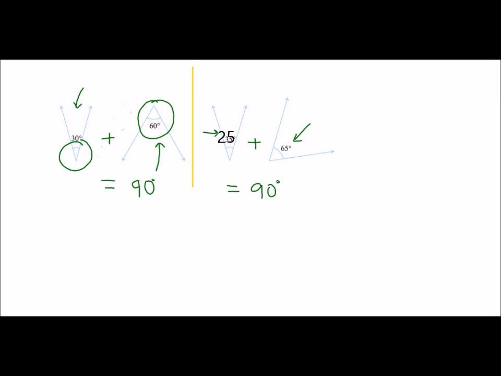For example, if I want to find complement of this 38 degree angle, the complement will be 90 degree minus 38 degree, which comes out to be 52 degree.